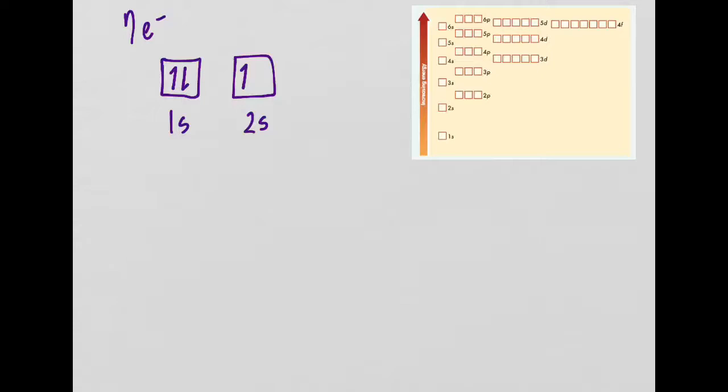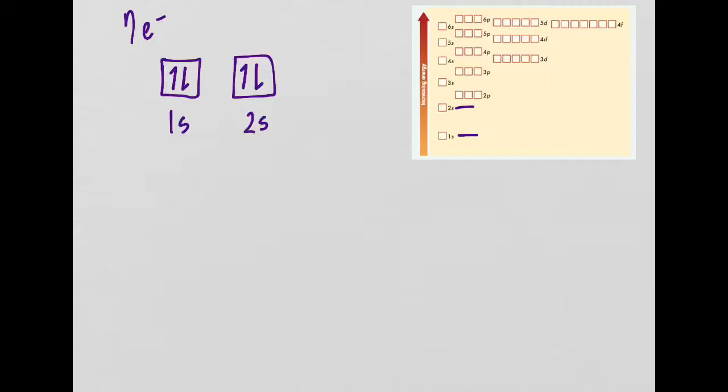Because of Pauli's principle that says we can have 2 electrons in each orbital, I must put my second one in, but in the opposite direction. So now I have 4 electrons placed. I've put 2 in here, 2 in here. Those are completely filled. Because of Pauli exclusion principle, I can't put a 3rd one in here, right?